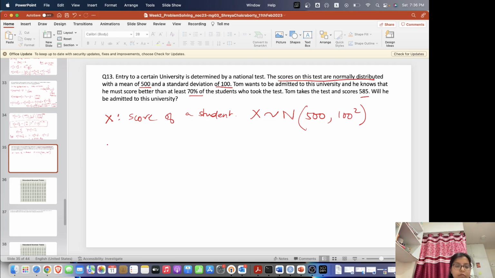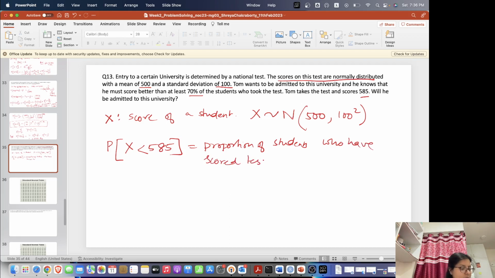Now probability X less than 585 is nothing but actually the proportion of students who have scored below 585. Is this fine?